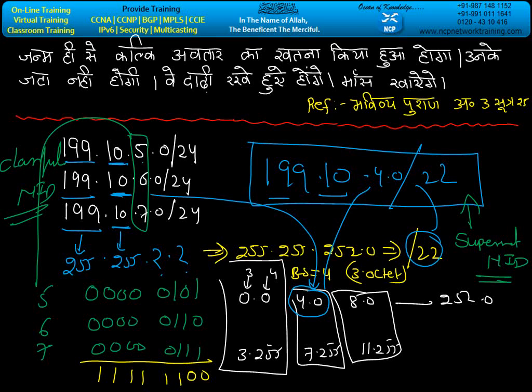Either belonging to class C, all masks are 24, class B, all masks are 16, class A, all masks are 8. So if we are adding classful NIDs, the procedure will remain the same. After the calculation, the resultant number is called the SuperNet NID and the procedure is known as supernetting. Question.